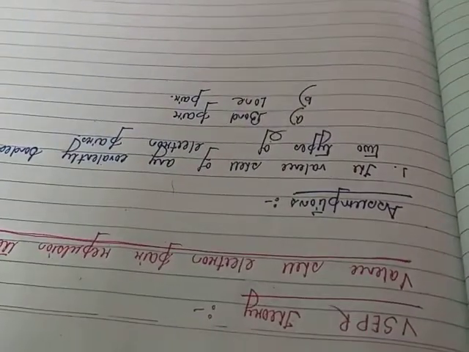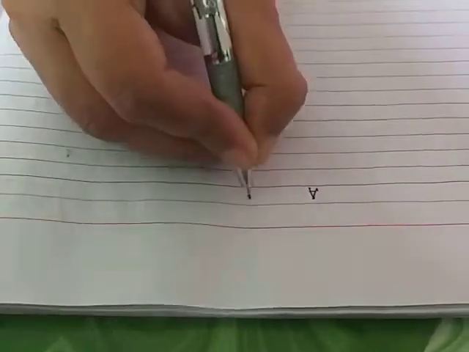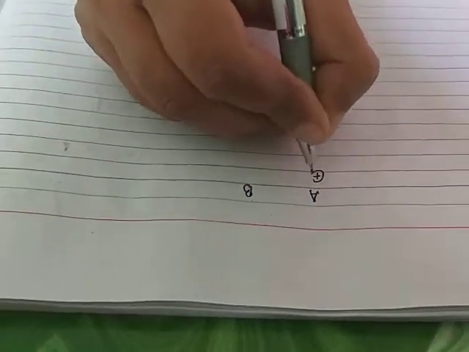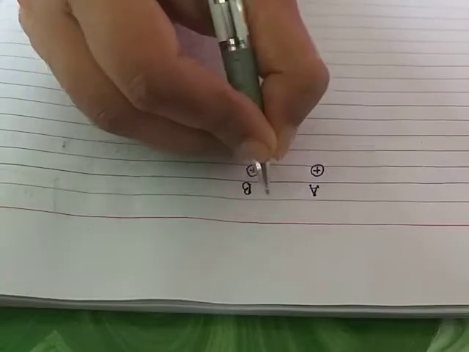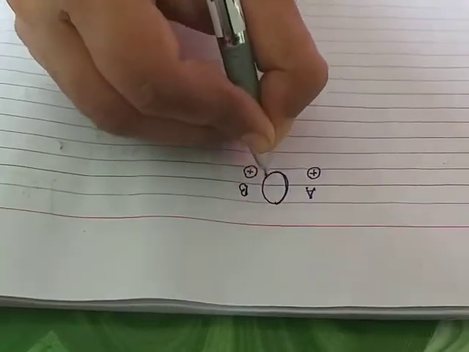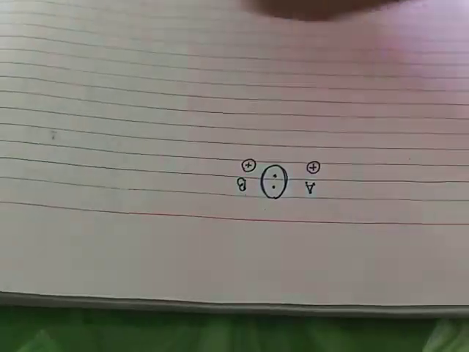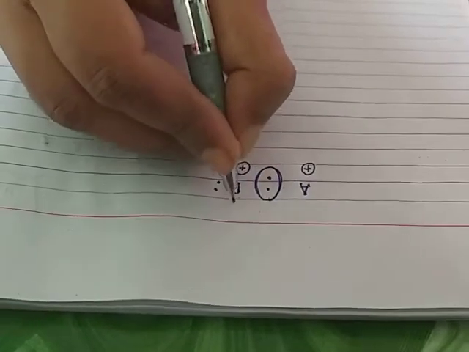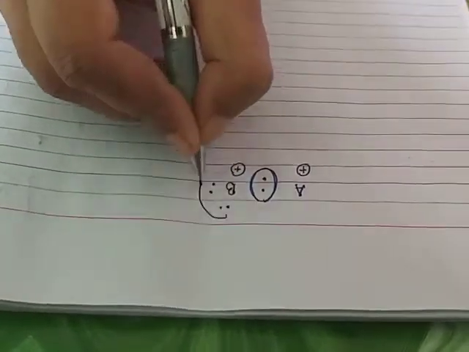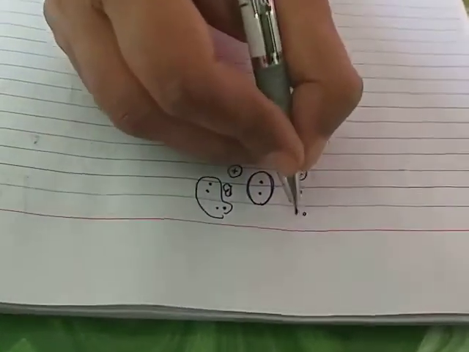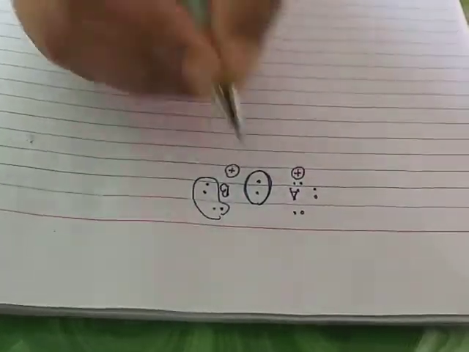As you know, for the bond pair, if we consider A and B, and these are the nuclei of A and B, this is the shared pair. B could have some other lone electrons, and A could also have some other lone electrons like this.